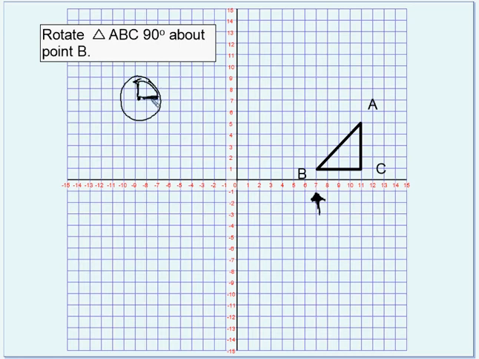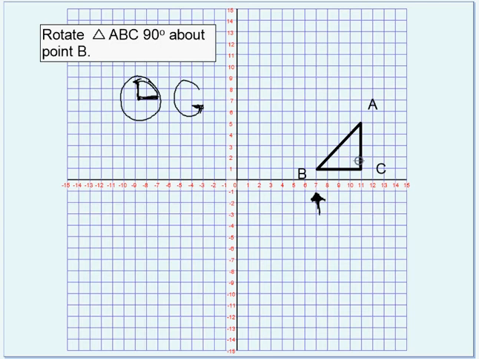I'm going to make a right angle, and I need to go counterclockwise, so I need to go in this direction. So if I start here at B, I need to rotate them, spin them. Sorry, I didn't mean to use the word flip. So that I have made a 90-degree angle.